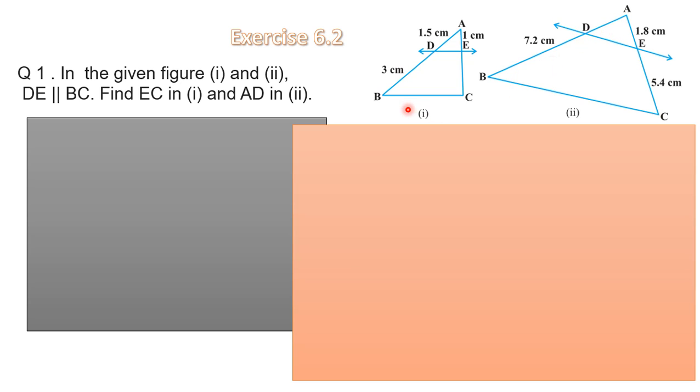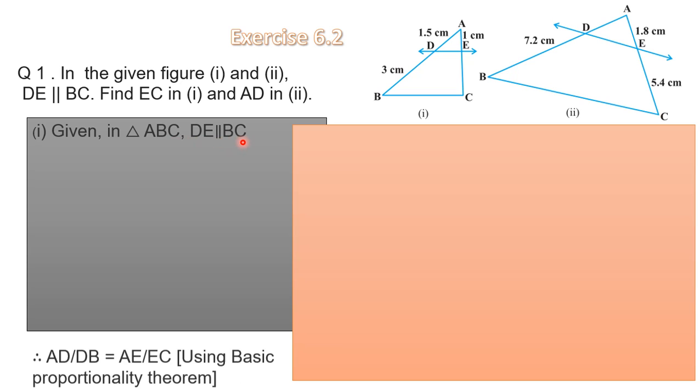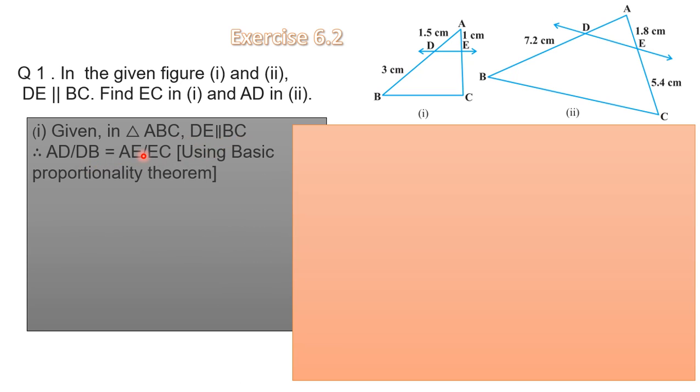So let's start with the first figure. In this figure, triangle ABC is given and DE is parallel to BC. So we can write by the basic proportionality theorem, as in the triangle DE is parallel to BC, AD upon DB is equal to AE upon EC.